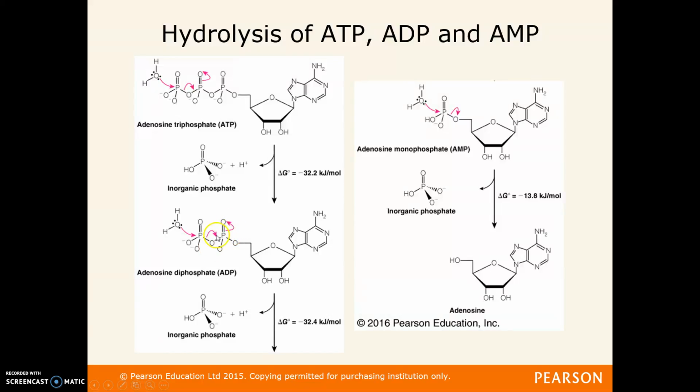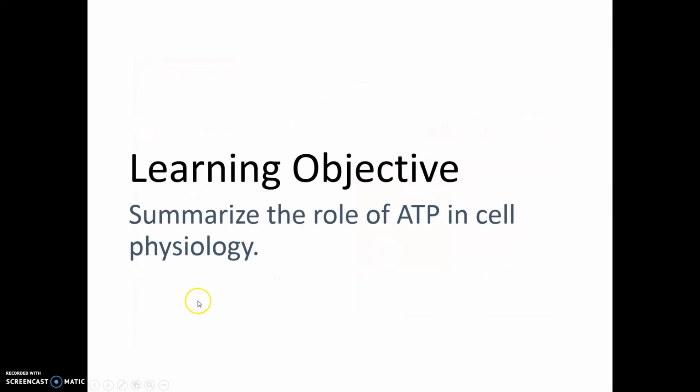So here we have two phosphates pushing each other away. Here we have three phosphates pushing each other away. That adds to the larger amount of negative delta G. So that last phosphate hydrolysis is not really functionally significant. So we'll see one coming off or two coming off, but typically that last phosphate just stays put. So we discussed the role of ATP in cell physiology.